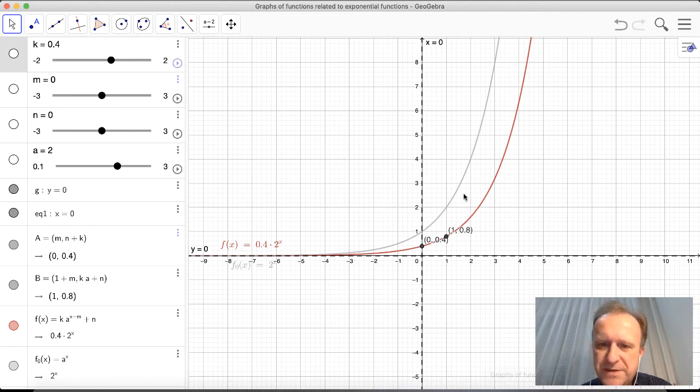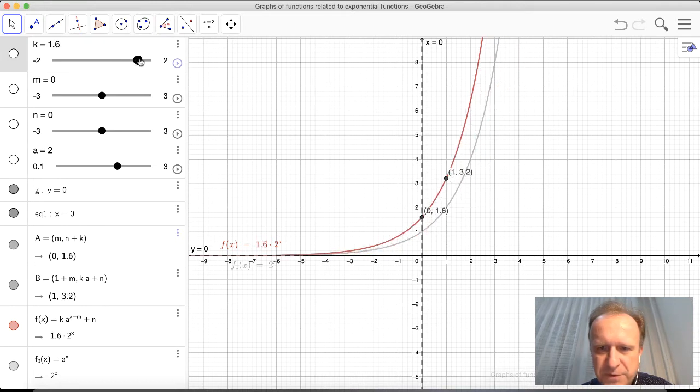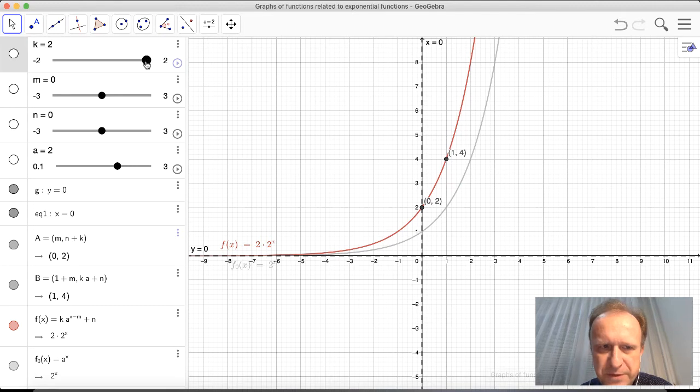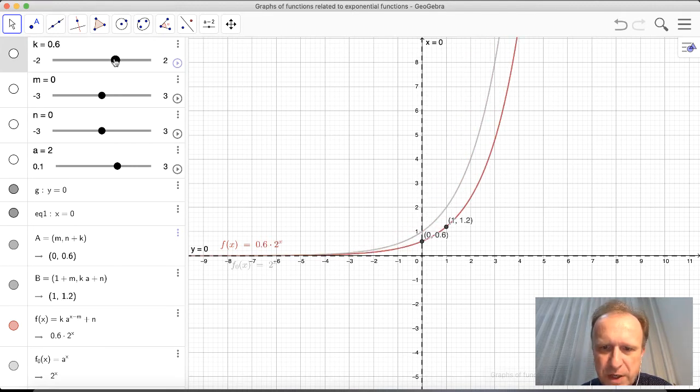So I would say it's shrunk toward the x-axis. Okay, so it's shrunk. Before, when k was greater than 1, it was stretched away from the x-axis, and when k is less than 1, it's shrunk toward the x-axis by the scale factor k.